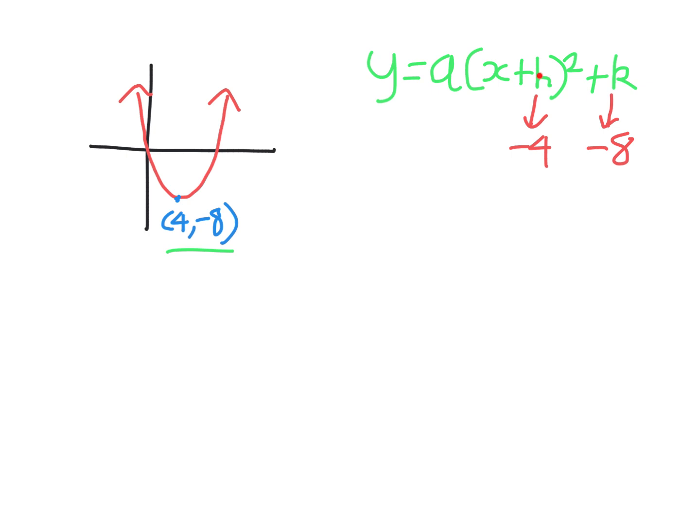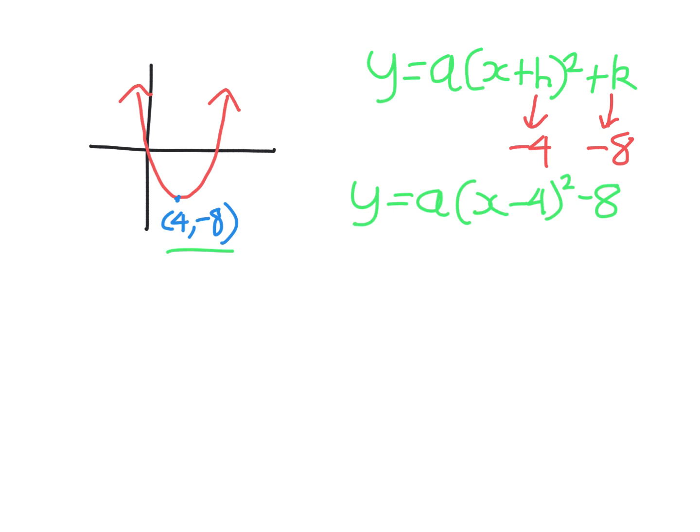This number is the negative of the x value of the turning point. So what we know so far is that this parabola will have an equation of the form a(x minus 4) squared minus 8. See, the thing is, however, that any number for a will still yield the same turning point. This parabola will have turning point 4, negative 8, whether a was 1, 2, negative 300.